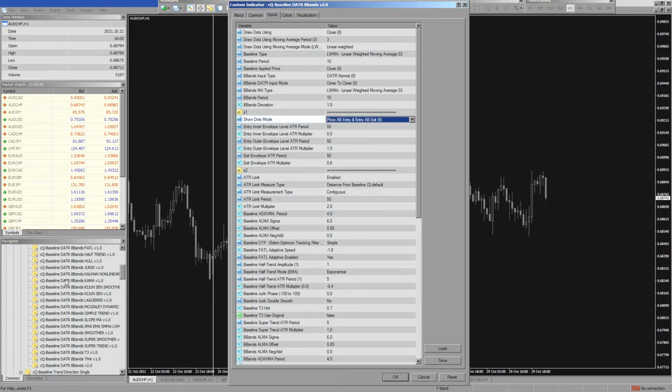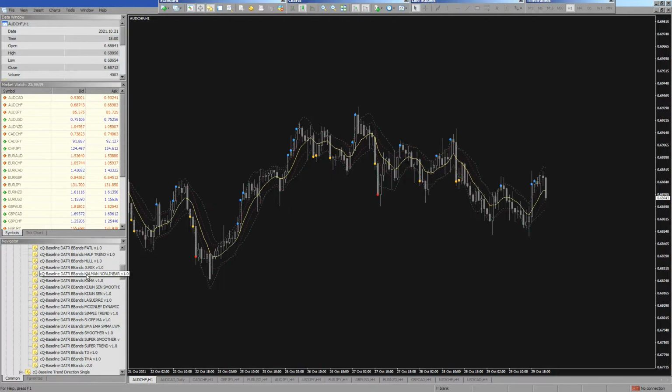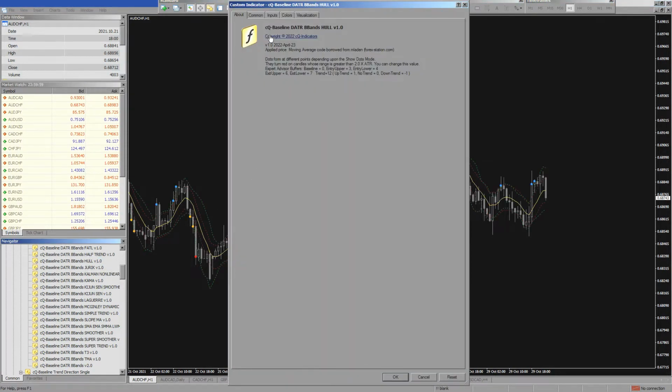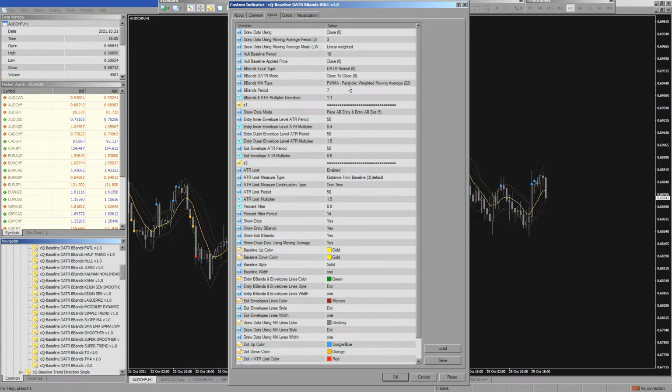I've also made a bunch of single indicators that have basically one baseline indicator for the entry. Let me show you one of those, like this one. There's fewer parameters, which would make it easier to use for an expert advisor if you wanted to do that, as opposed to the longer list of moving average or baseline parameters.